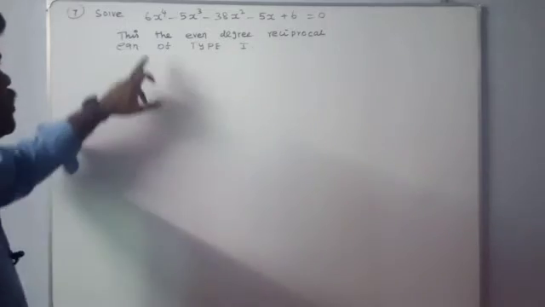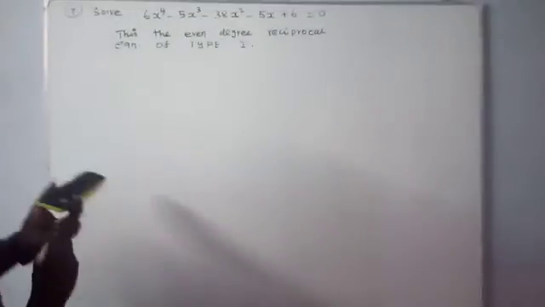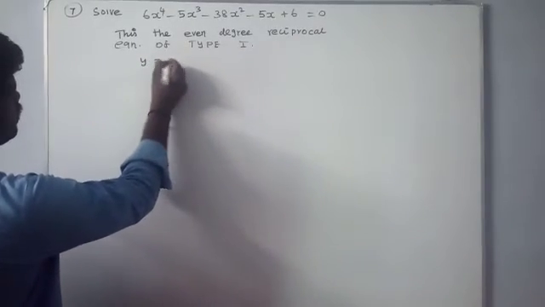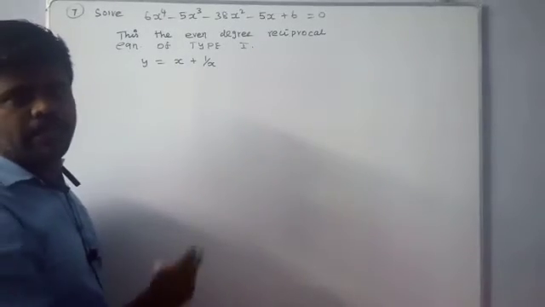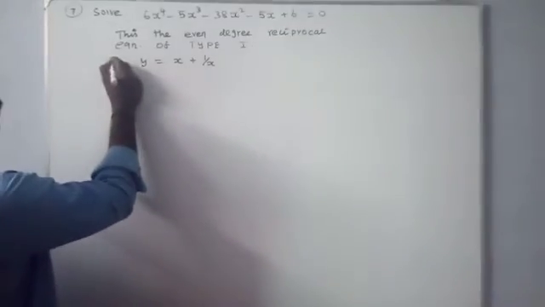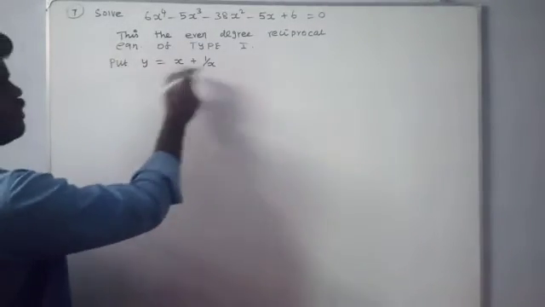Already we know that point. If this is an even degree reciprocal equation of type 1, put y is equal to x plus 1 by x or y is equal to x minus 1 by x, whichever is the suitable value, so we use that value.